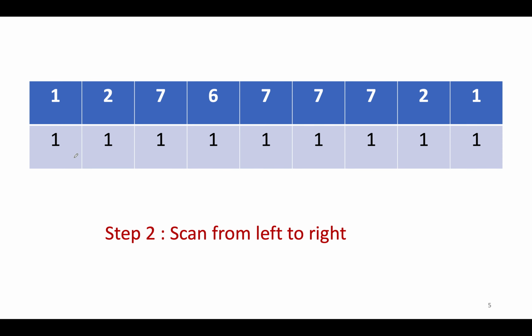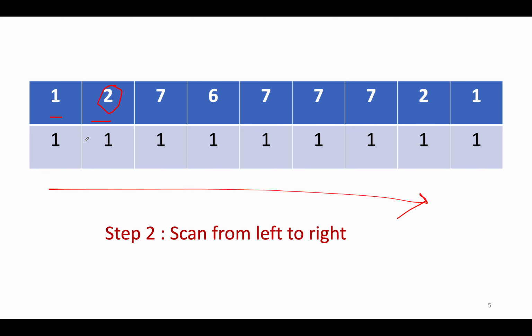Now what we are going to do is scan from the left and go up to the right endpoint, and we will check whenever the rating of its right neighbor is higher than the current child, we will increase the candy count of the right child. So let's try this.